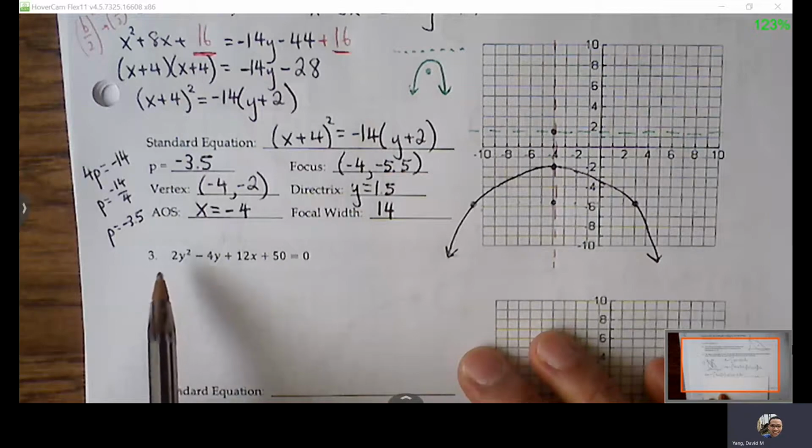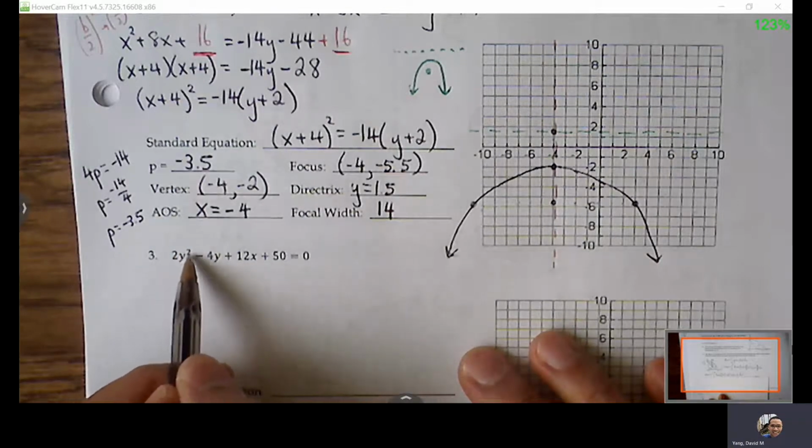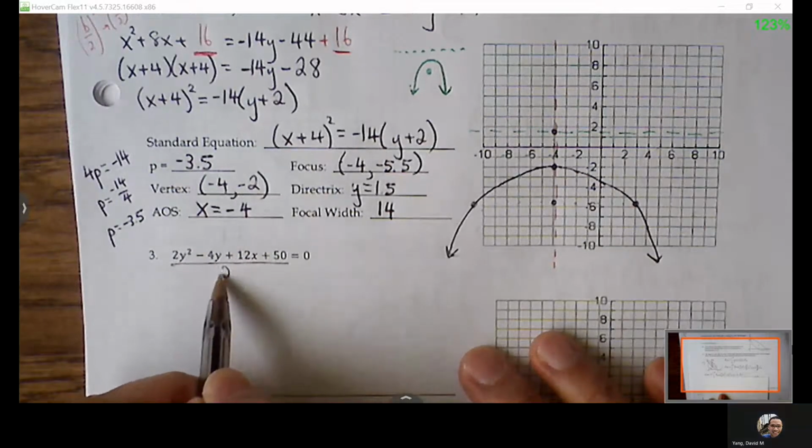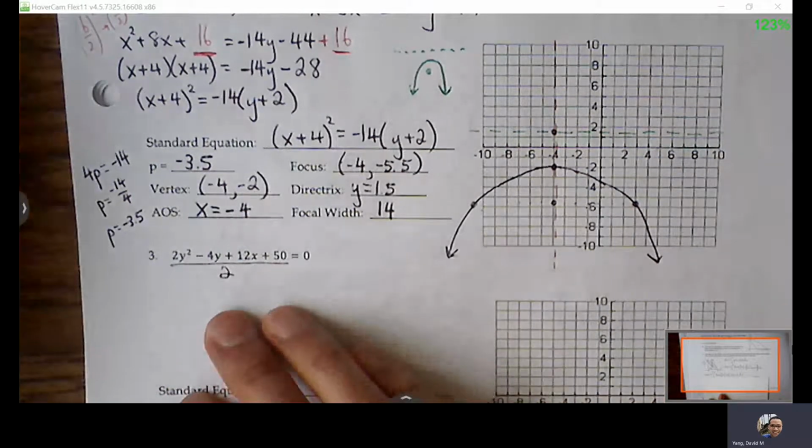What can we do? Yeah, let's get that 2y squared down to just be y squared. We can divide everything by 2, so we can ensure that the y squared has no coefficient except the 1 in front.